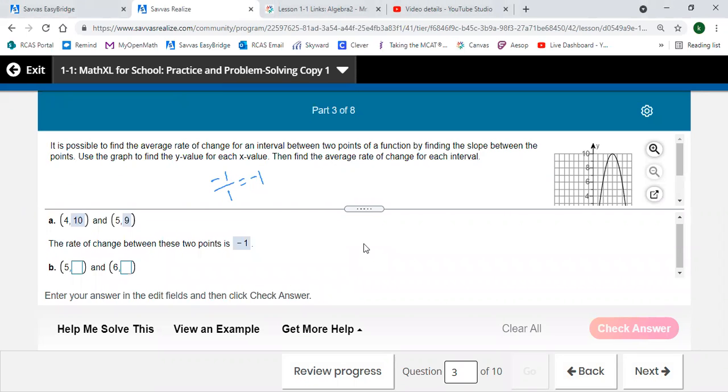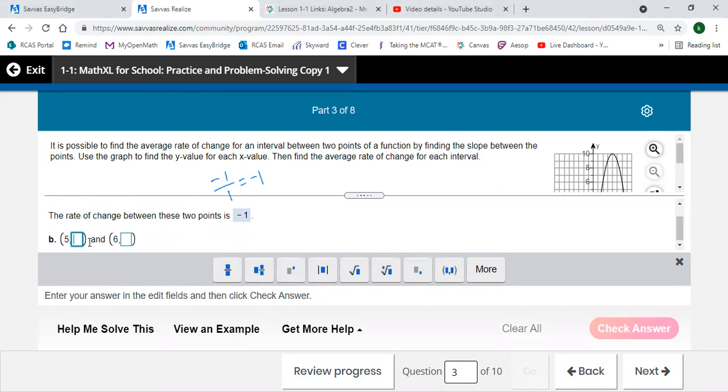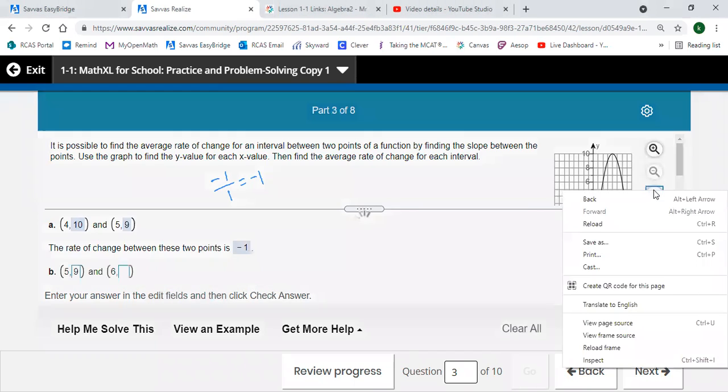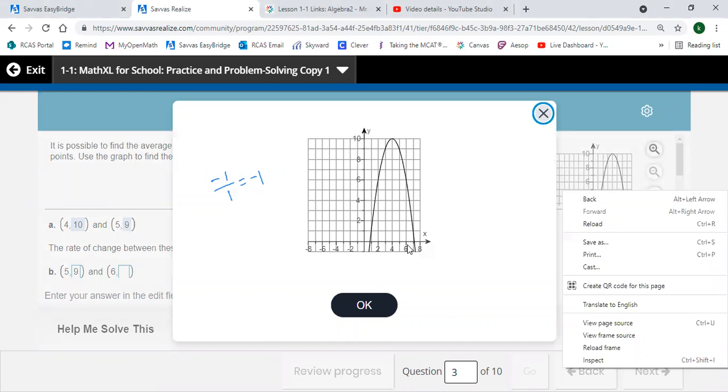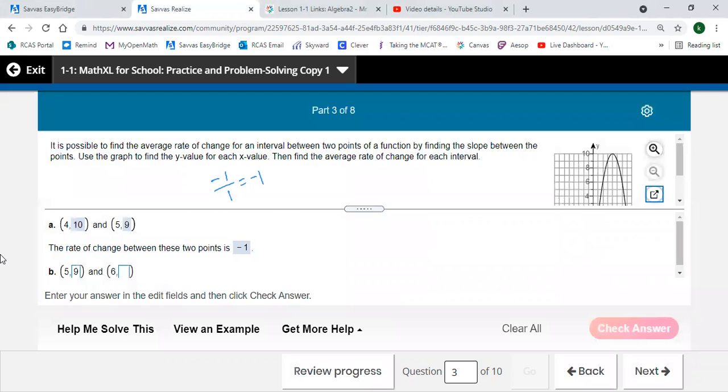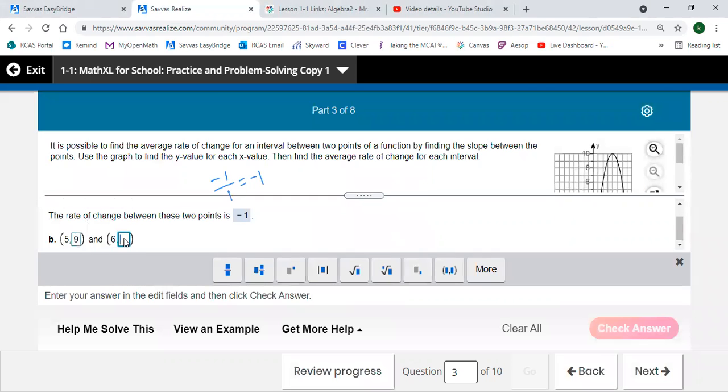All right, so now they go down to the next step and they went for 5 and 6. Well, the 5 we know because we just did that on the step above. That was a 9. But then what is it at 6? Let's pull this out again. At this 6, right there, it looks like it's at 6. All right, so now on this one, again, I went from my y of 9 down to 6.